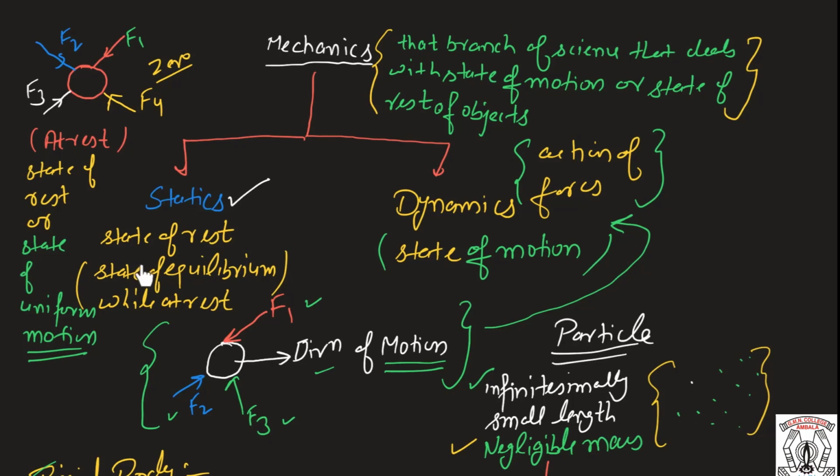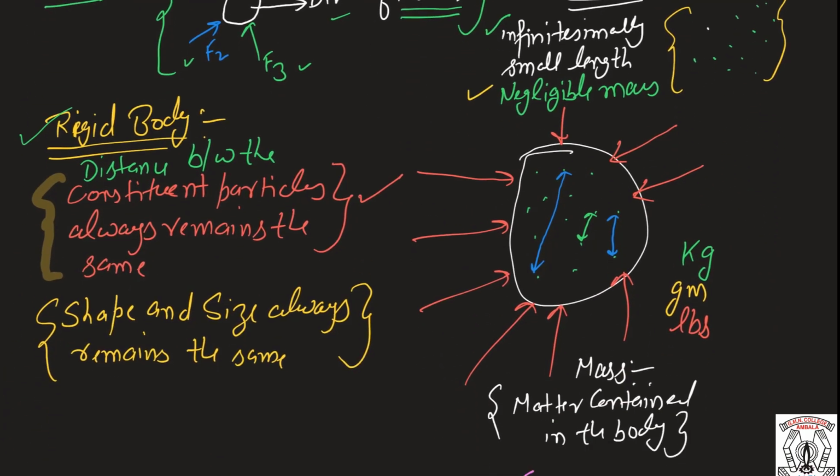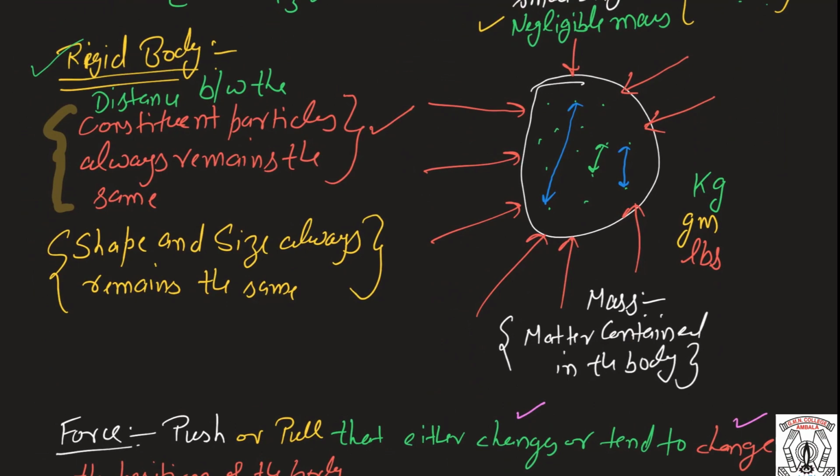Static is state of rest or state of equilibrium; while at rest there is no change, the state remains the same. Dynamic is state of motion, which we illustrated with the help of examples. Next we studied what is a rigid body. A body is said to be rigid if the distance between its constituent particles always remains the same. Then we studied what is mass. Mass is the matter contained in the body.